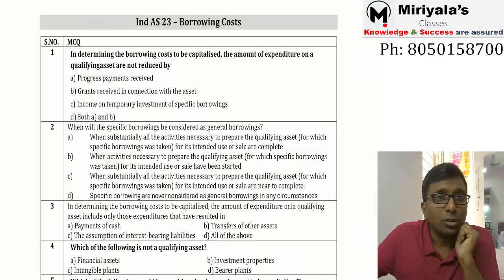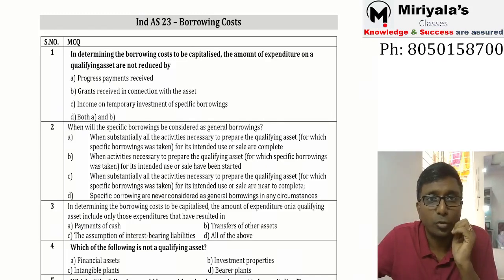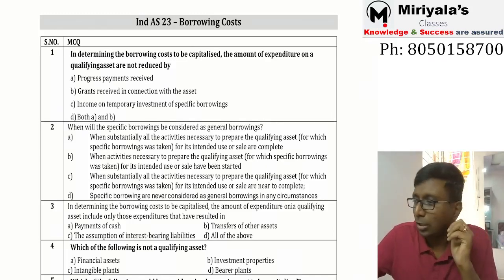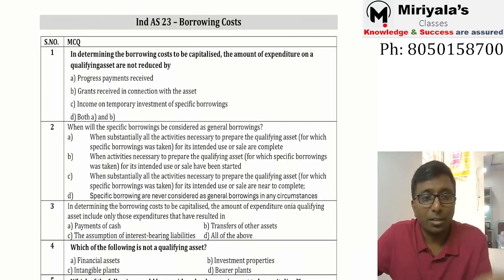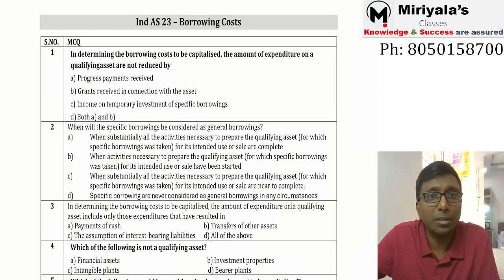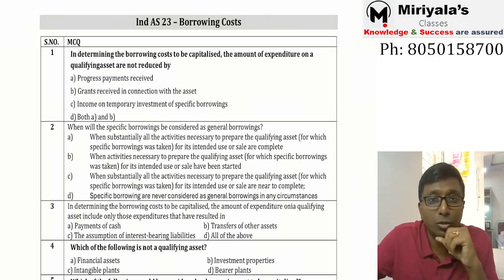Okay, right. So let's look at Index 23. So what is there in Index 23? First point, my dear. In determining the borrowing cost to be capitalized, the amount of expenditure on the qualifying asset is not reduced by, see, what is it not reduced by?